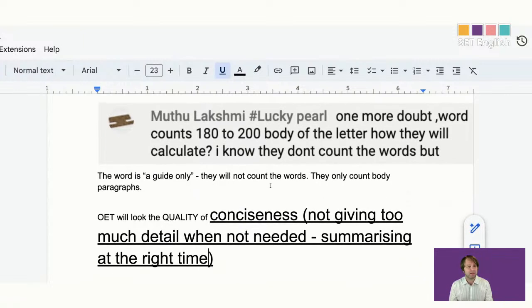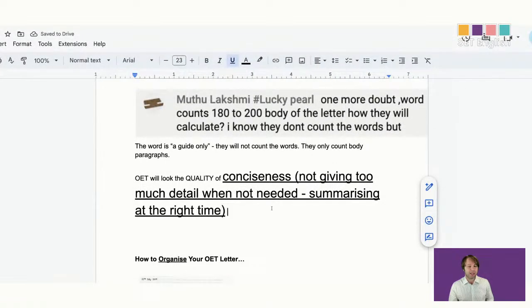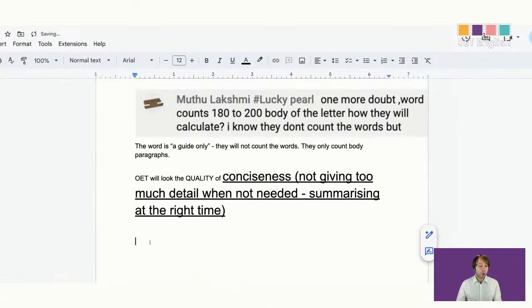So I suppose, Muthu, what you can say, it's not quantity. They won't count words. It's not quantity. It's quality. I hope that makes sense. It's a bit hard for me to explain online, Muthu, but I hope that makes sense.